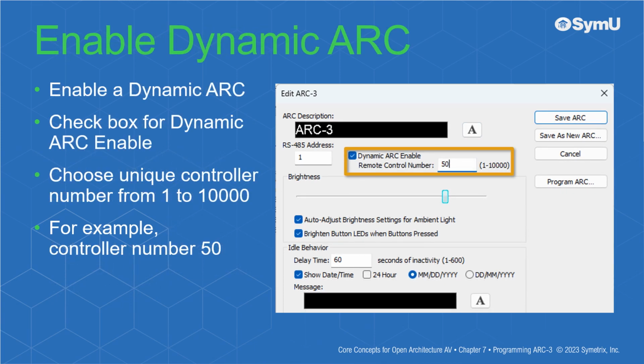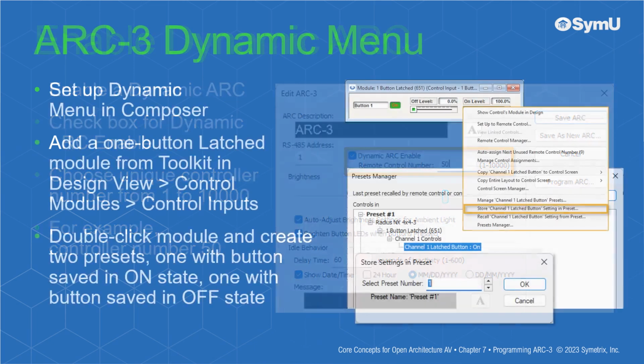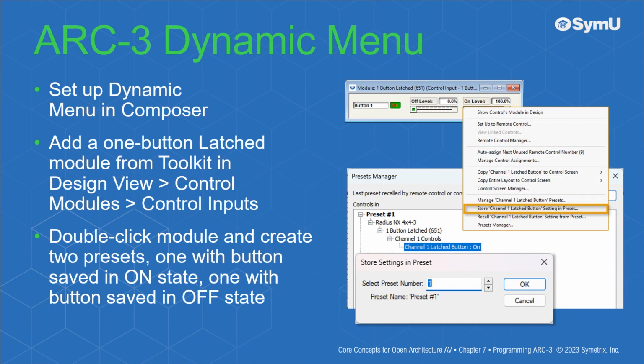To enable a dynamic ARC, check the box for Dynamic ARC Enable, then choose a unique controller number from 1 to 10,000. In this example, controller number 50 is used. To set up this dynamic menu in Composer, bring in a one-button latched module from the toolkit in Design View under Control Modules, Control Inputs.